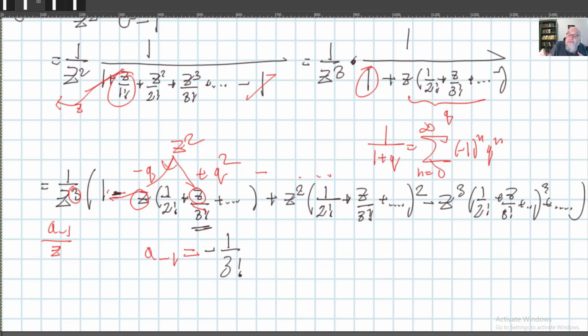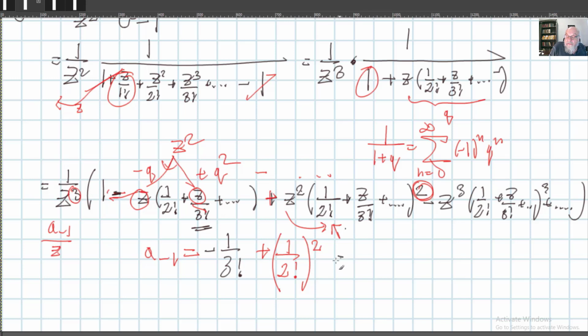But don't forget, here is another square. So this is plus, so put here plus, and then you have here that guy. So it will be 1 over 2, and you have to take it squared.